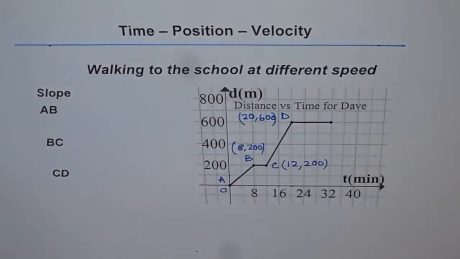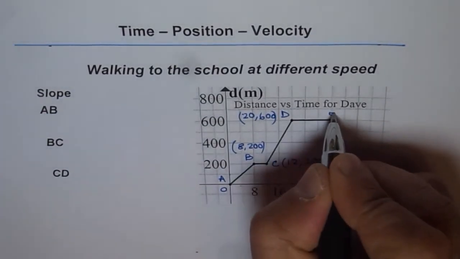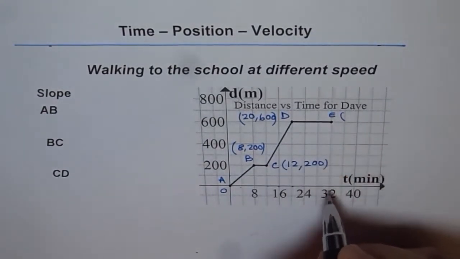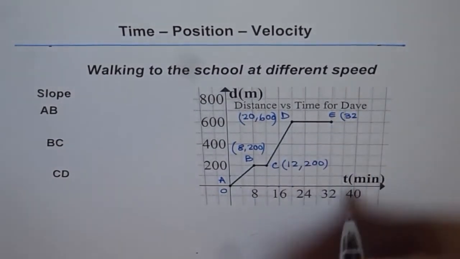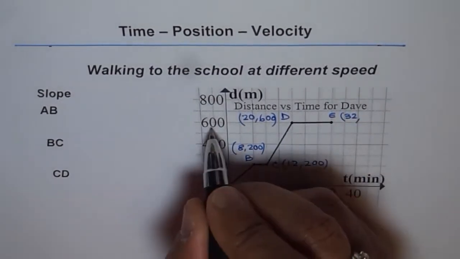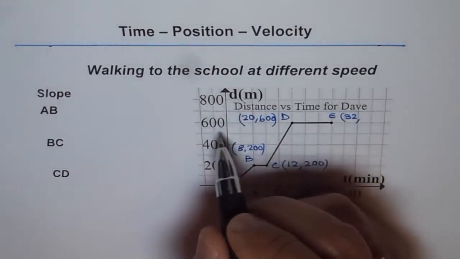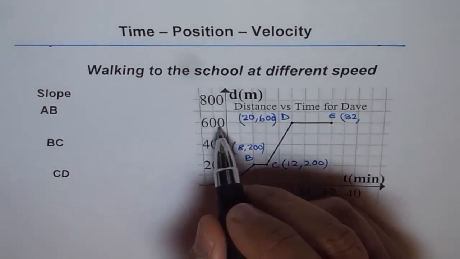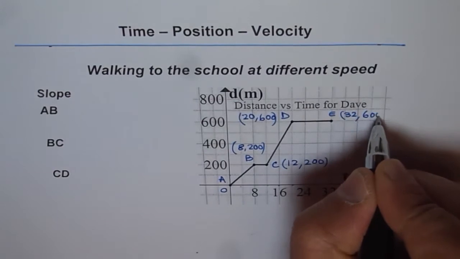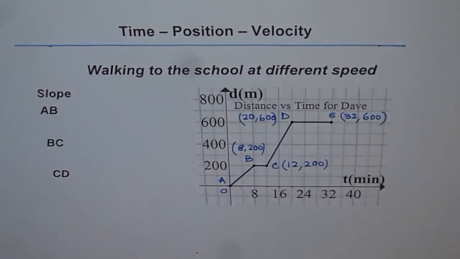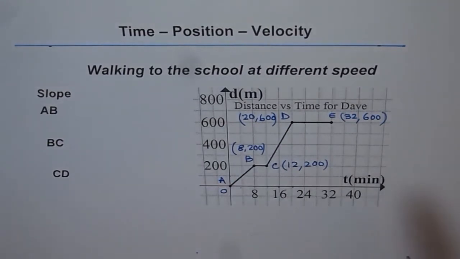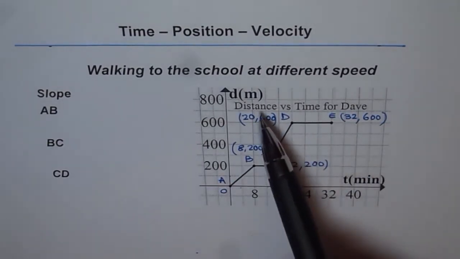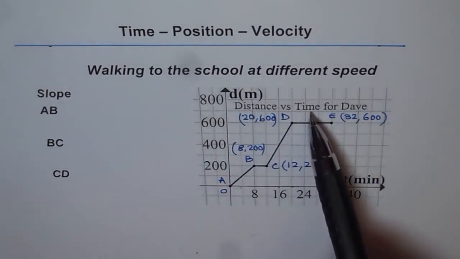So that is the position of D. Let's call this point E. Position of E is 32 along the x-axis, which is time in minutes, and along the y-axis we have distance, and distance covered will be 600 meters. 32, 600. So from a distance versus time graph, we can read distance dependent on time, right?